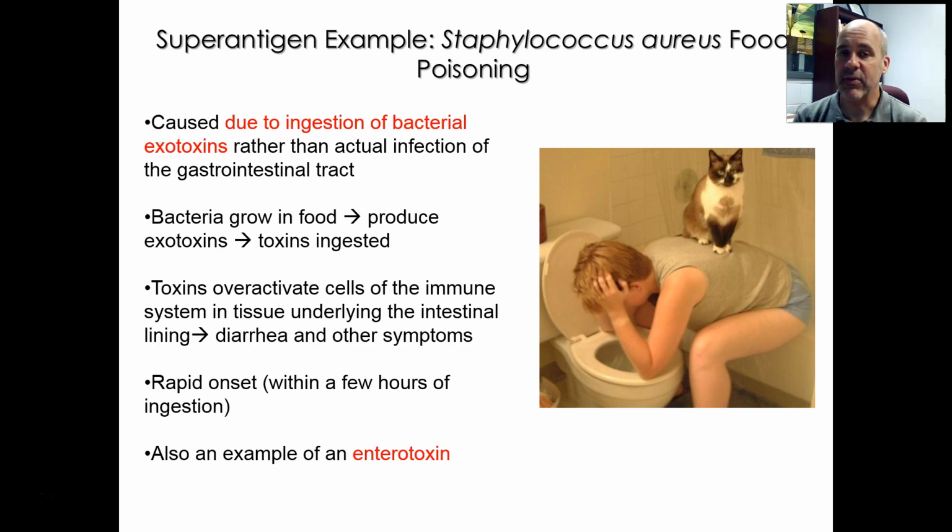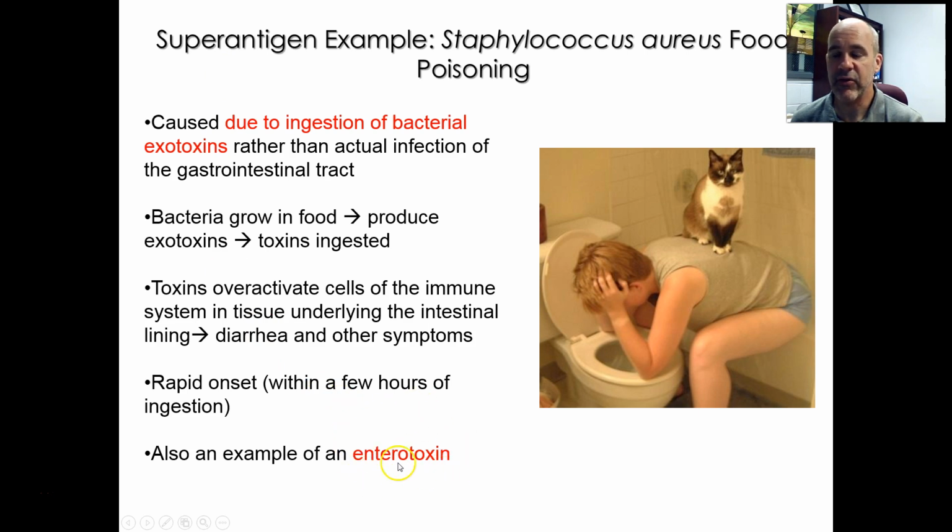So it's pretty easy for Staphylococcus aureus to get transferred into foods that are being prepared. And if those bacteria grow in the foods, there are strains that can secrete this superantigen toxin that can cause this type of food poisoning. All right, so superantigen, remember that's a functional category for a bacterial exotoxin.